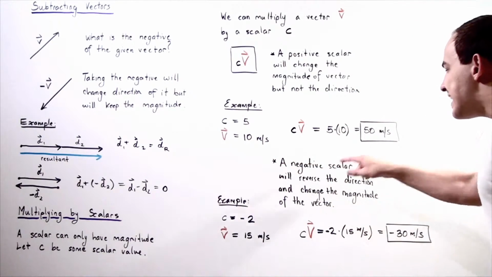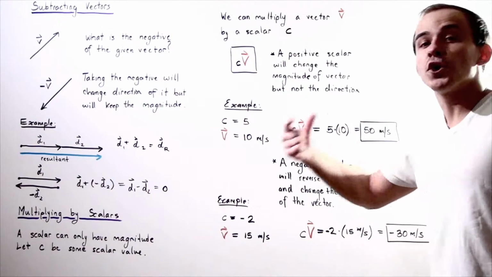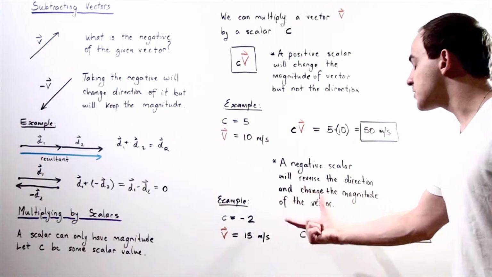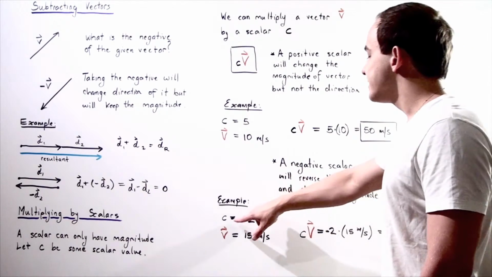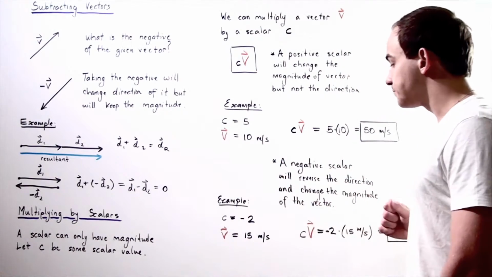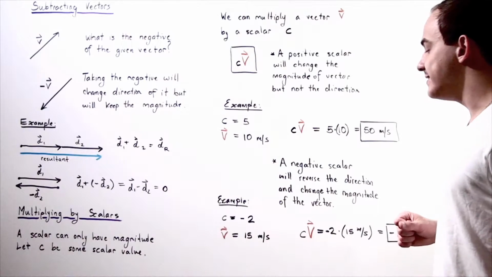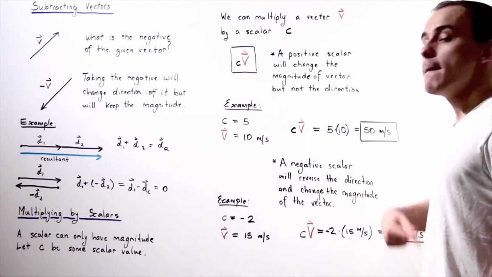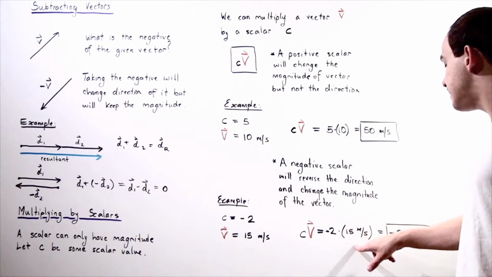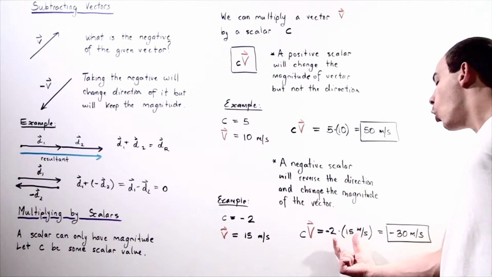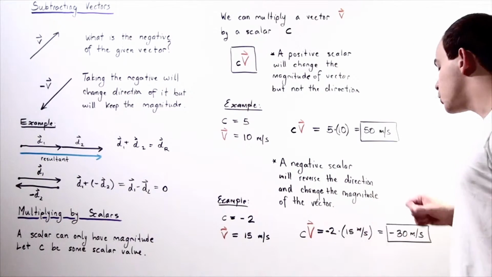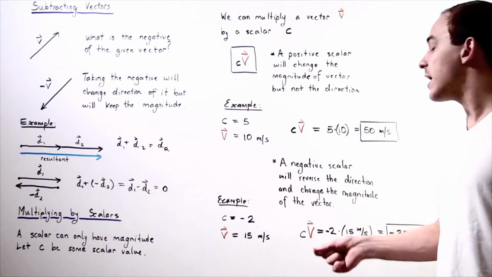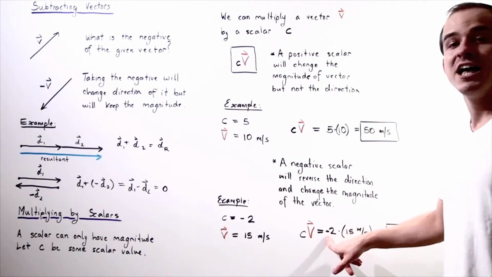Now, a negative scalar will reverse our direction and change the magnitude of the vector, assuming our c is not -1. So let's suppose our c is -2. Now we're multiplying -2 by 15 meters per second. Not only will our magnitude change to 30 meters per second, but also our direction, because we have this negative.